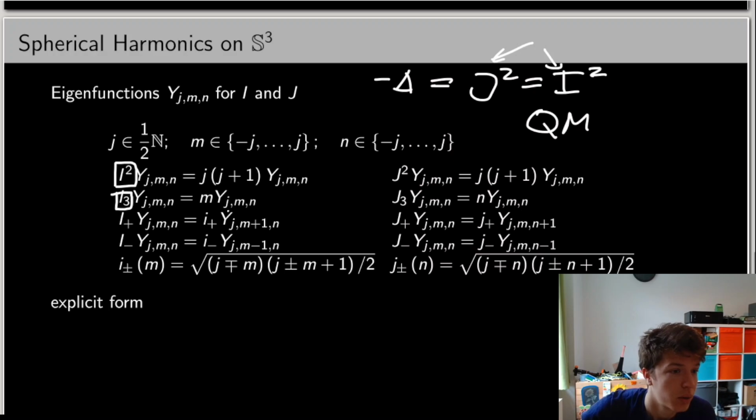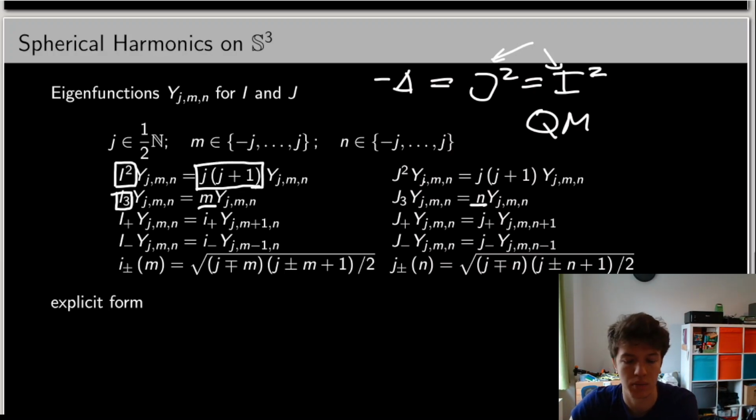And so we get the standard j times j plus 1 for the I squared and j squared, and we get two spin projection quantum numbers for I and j.